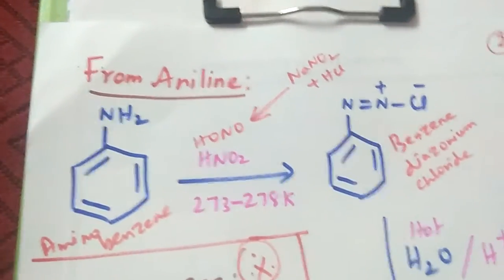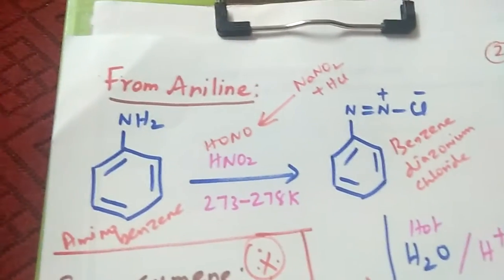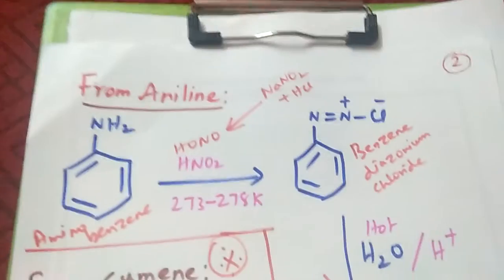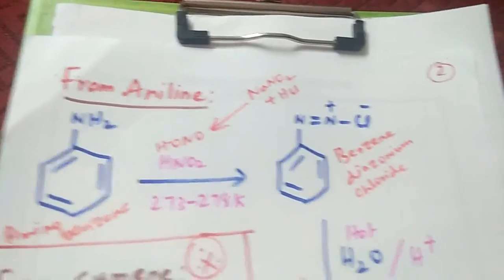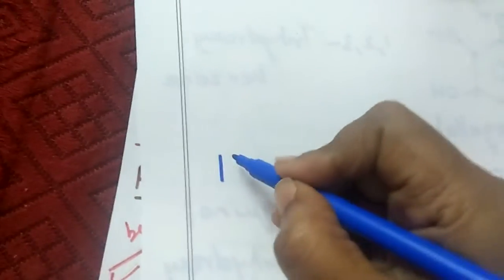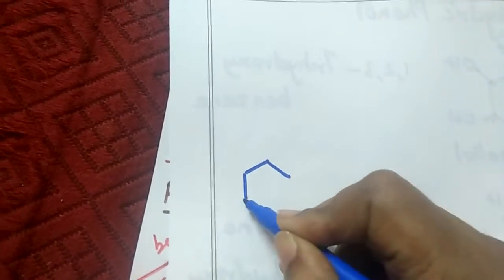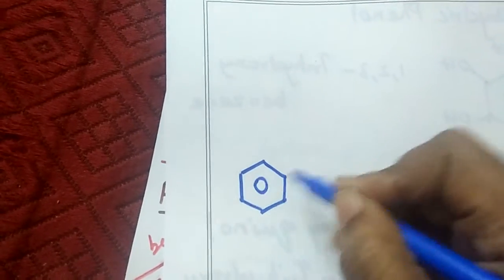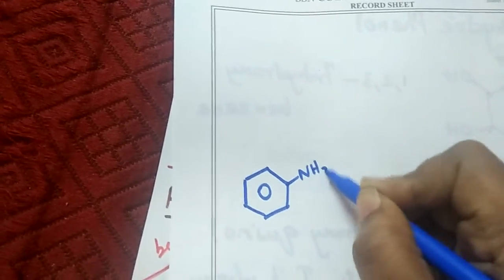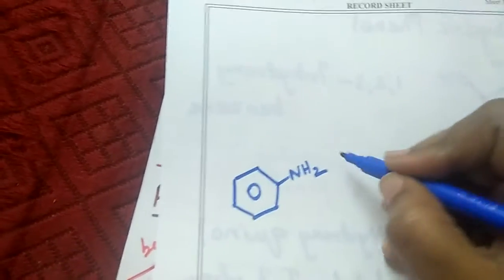How can this reaction, by which benzene diazonium chloride is formed, be explained? Just see. I am drawing the structure of aniline as a flat molecule.